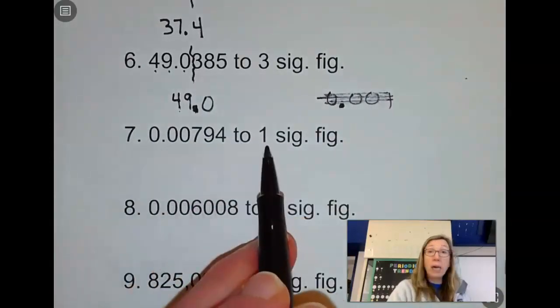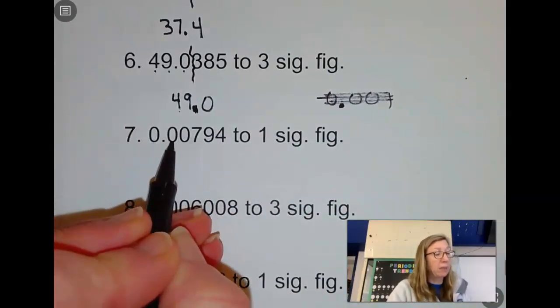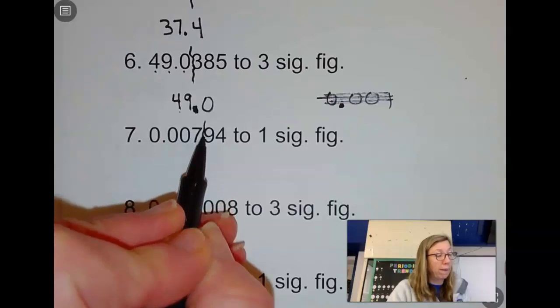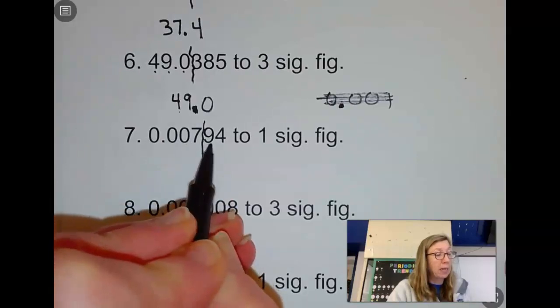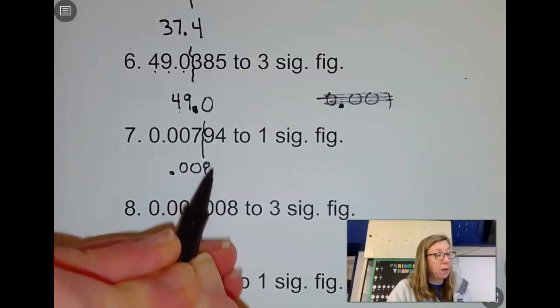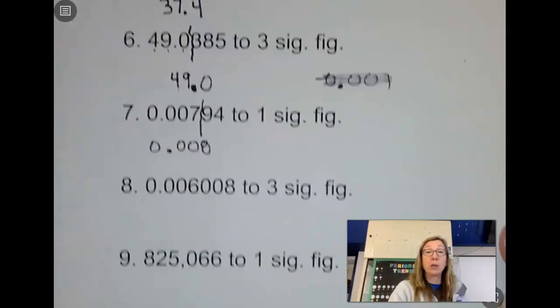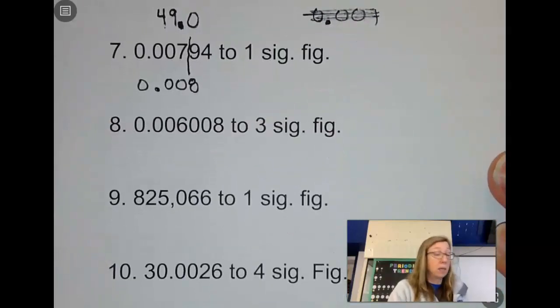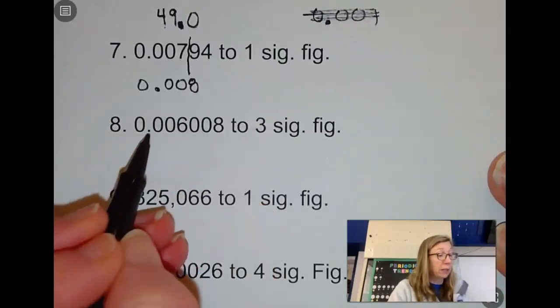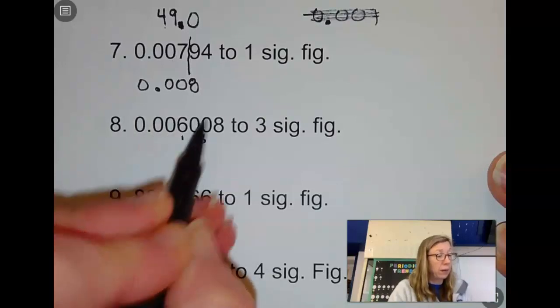This one, to 1 sig fig, this always kills people. Okay, not placeholder, placeholder, 1. 9, that rounds that 7 up to 8. So 1 sig fig, that 8 is the only significant one. 3 sig figs: placeholder, placeholder, 1, 2, 3.